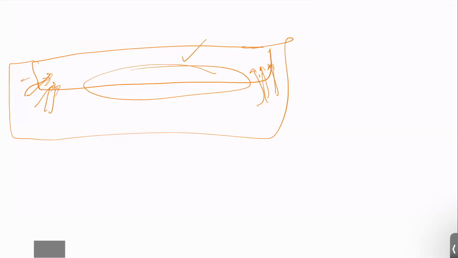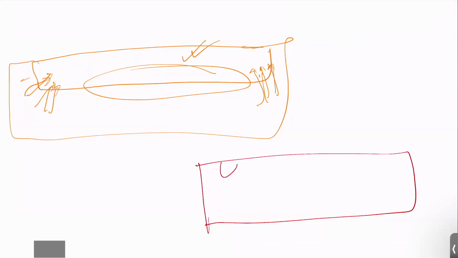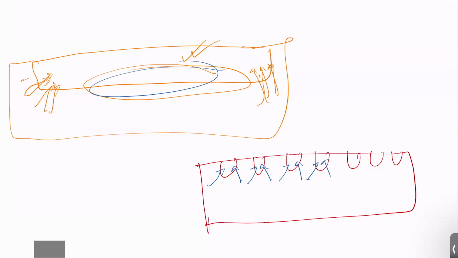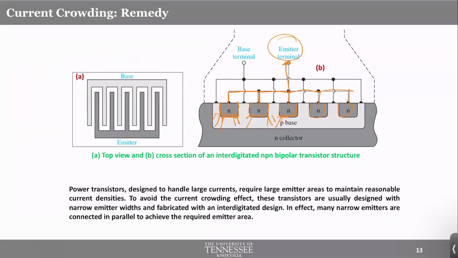So instead of wasting this huge area, why don't we just make it this way? So you have smaller chunks of emitters instead of one big one. And then, yeah, electrons can still prefer the edges, which they will, but the effect of wasting that area will not be as prominent as before in the previous case. Okay, so that's a potential solution for the current crowding effect.